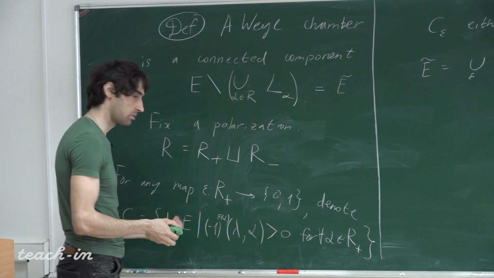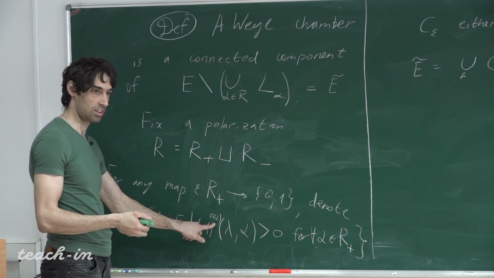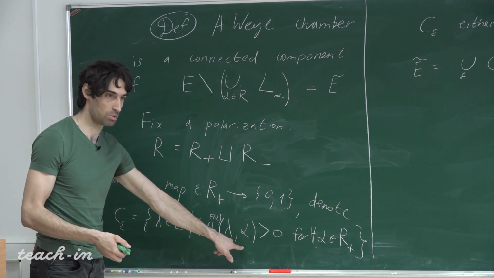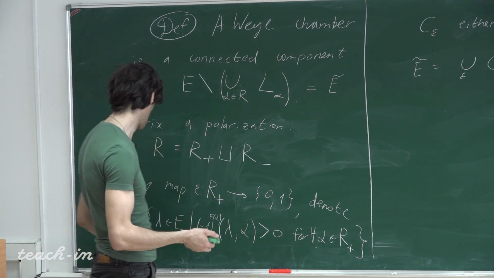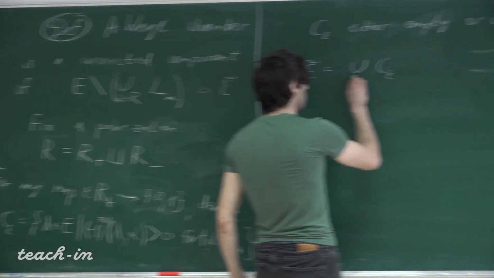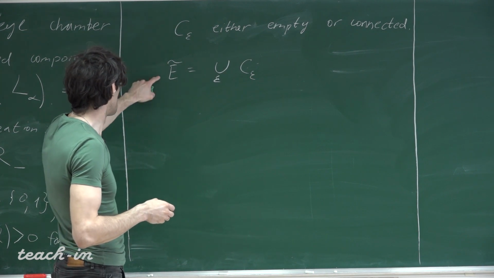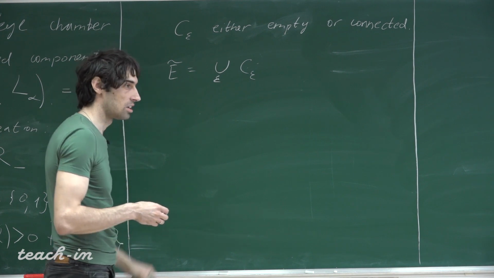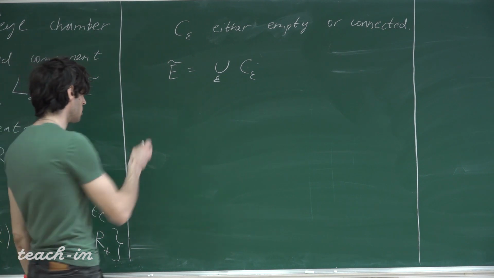If you take any element from here, it will give me some signs, either positive or negative, when I compute this inner product. So everything in here belongs to some C epsilon. But these two observations mean that C epsilon is either empty or a connected component of E tilde.